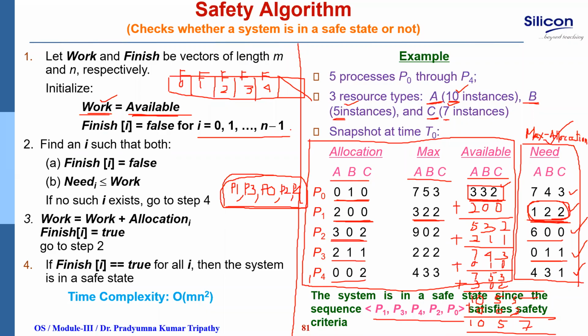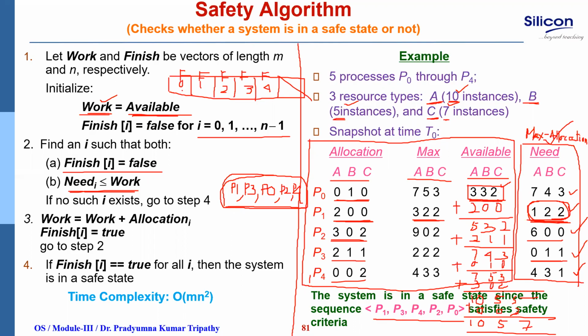Now I'll select a process. I'll find an i such that finish of i equals false and need is less than work. Work is nothing but the available. So see over here, 743 is less than 332? No, it is false, but it is not true. 122 is less than 332?